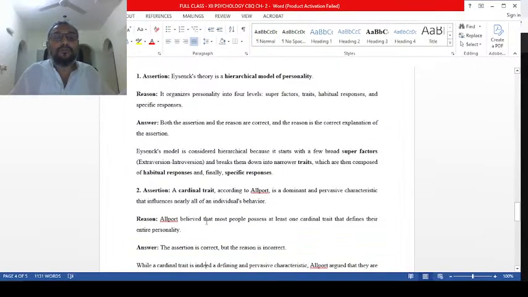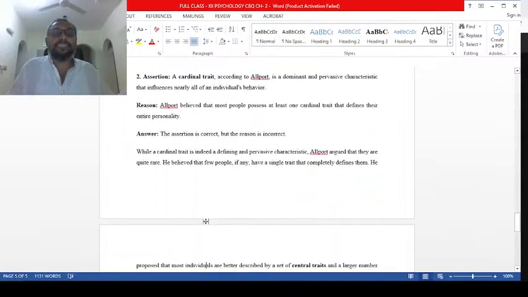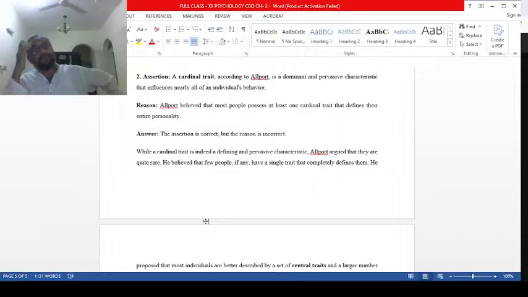Let's make a move to Alport's theory. Now see, a cardinal trait according to Alport is a dominant and pervasive characteristic that influences nearly all of an individual's behavior. See here, a dominant trait is called, what is exactly cardinal trait?